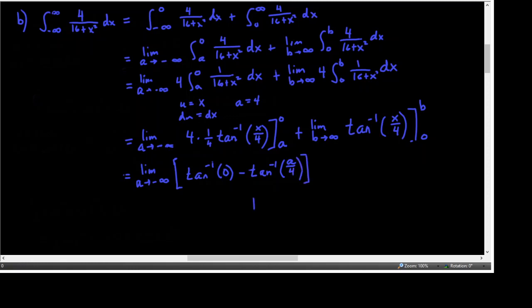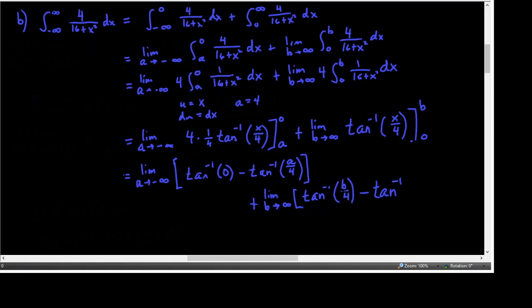Right, plus the limit as b approaches positive infinity of, substitute b in first, and then substitute in 0.